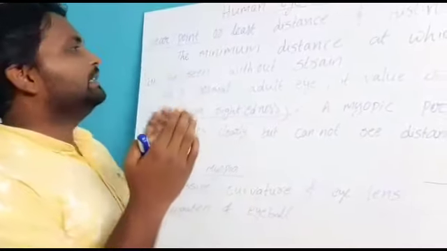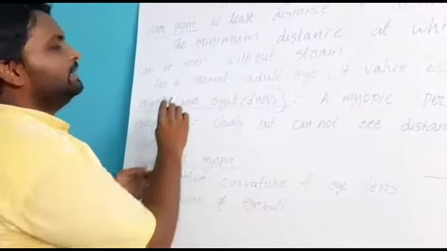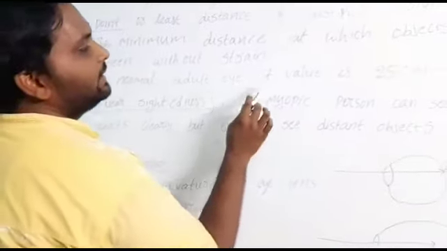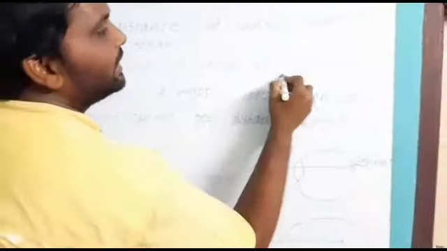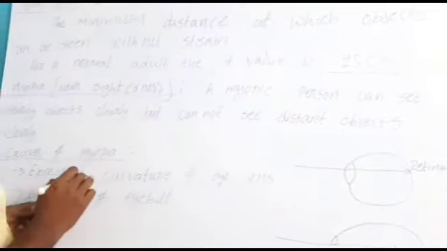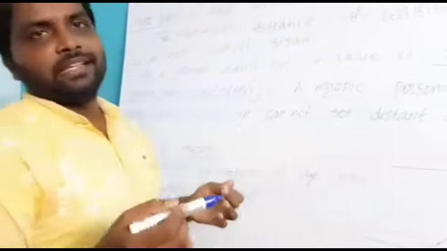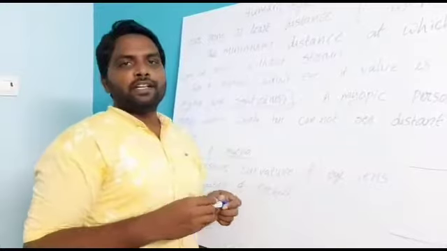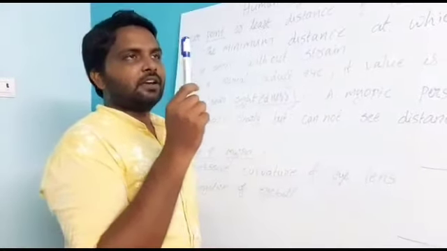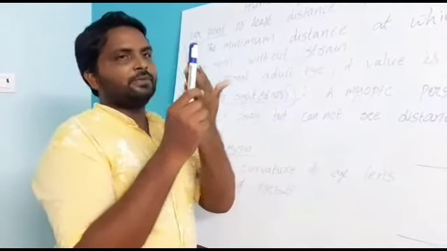That is called near point. For a normal adult eye, its value is 25 centimeters. It is very important. 25 centimeters means normally every human can see objects clearly up to 25 centimeters distance from the eye.